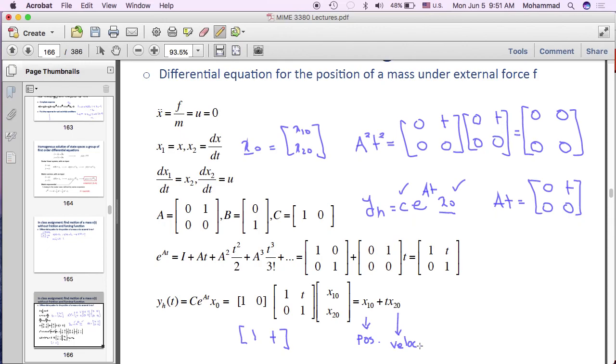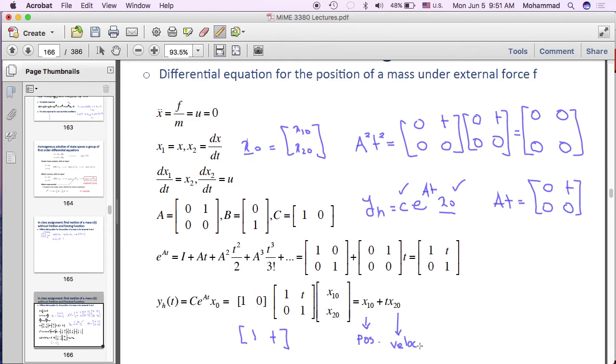So what story does this line tell? It tells you y as a function of time, which is displacement as a function of time, is equal to initial displacement plus initial velocity times time. So this is x naught plus v times time, which is a very familiar formula.